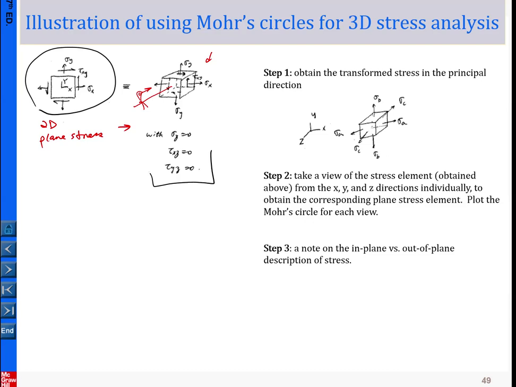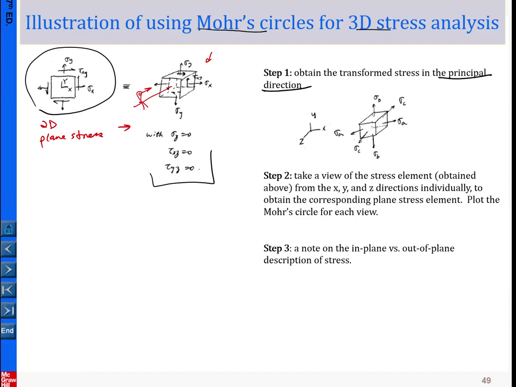But now we want to go one step back and use the 3-dimensional case to explain how the Mohr circle can be applied for 3D. So now we start with this one. Again we start with the principal direction, something like this. Then our step is this: you're simply working as the little guy.